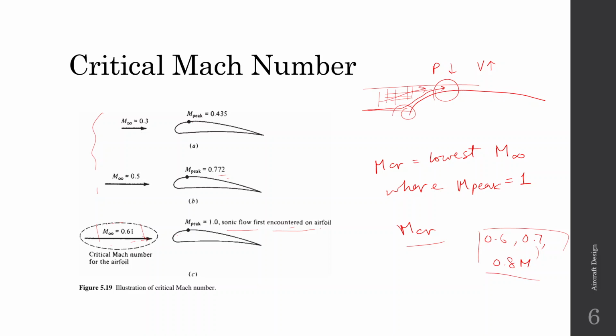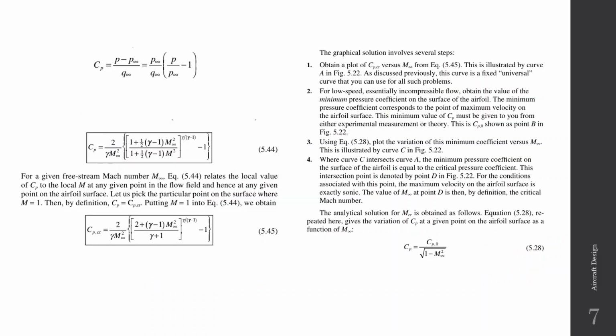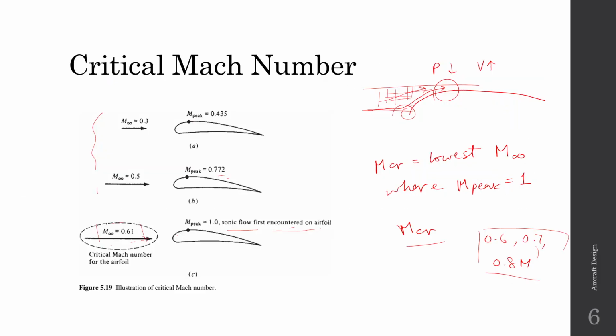Now I'm going to go into some theory of how we can find the critical Mach number. Sir has covered this in his lecture. I will not go into detail, but we might have an airfoil.